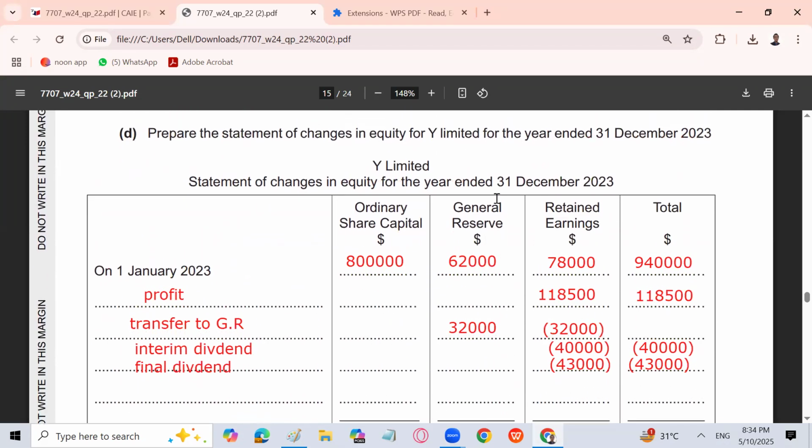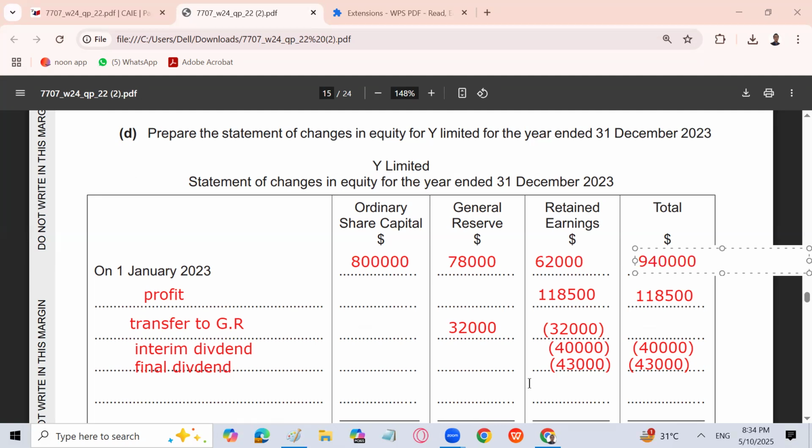And the total is fine. Total is 9,40,000. 8 lakh, general reserve is 78,000, and retained earnings is 62,000. Okay. And the total is 9,40,000.